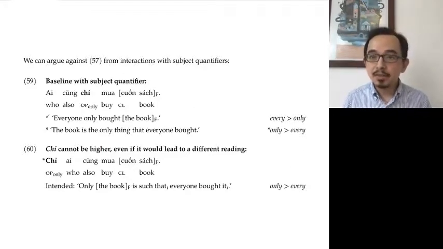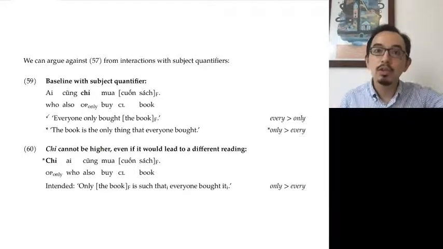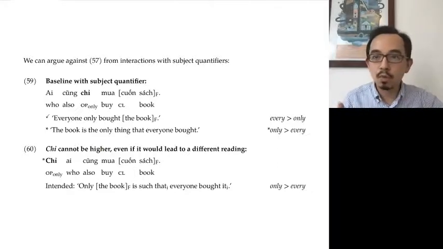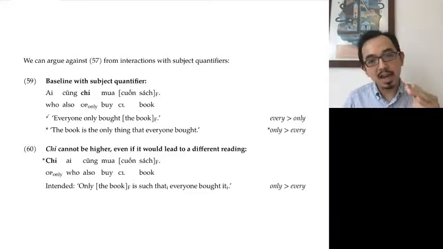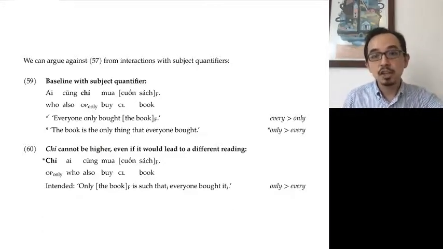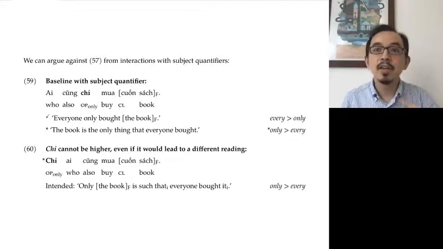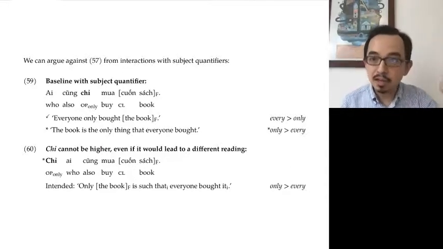Now in this case, if we could build chi higher using the straightforward sentential focus particle operator semantics for chi, and we can take that and put it higher, and it associates with the book across the universal quantifier, then the semantics for focus alternatives and sentential onlys introduced this morning, that is very well adopted, predicts that the semantics should have no problem.